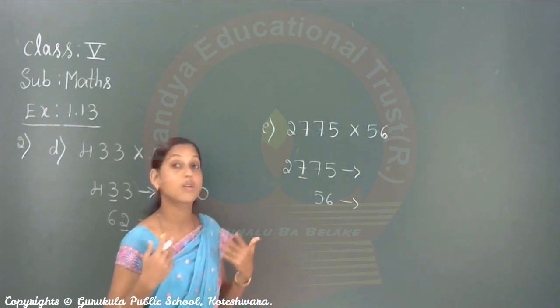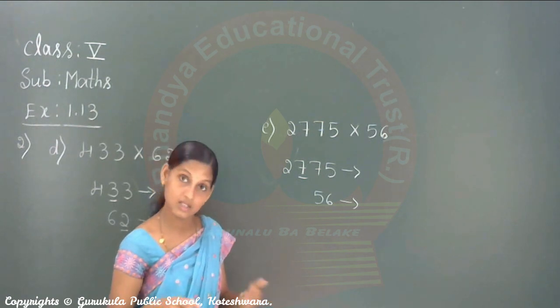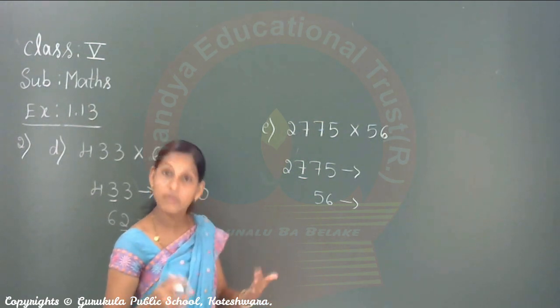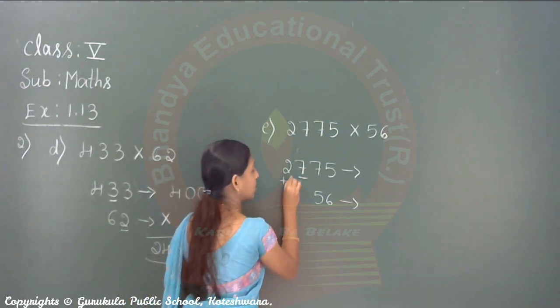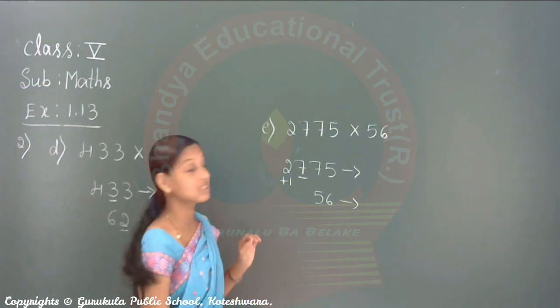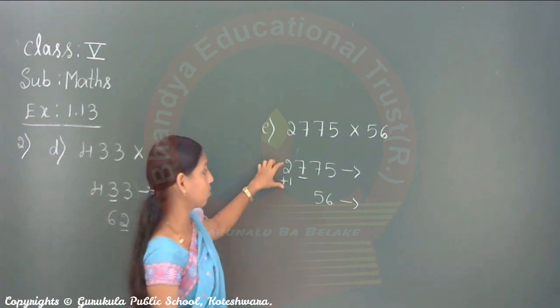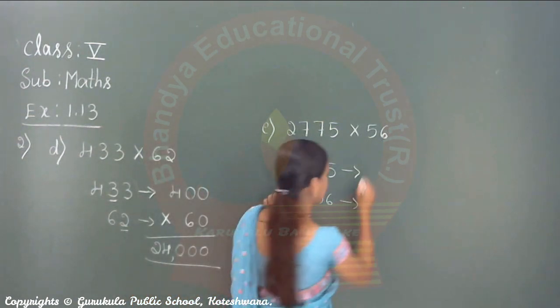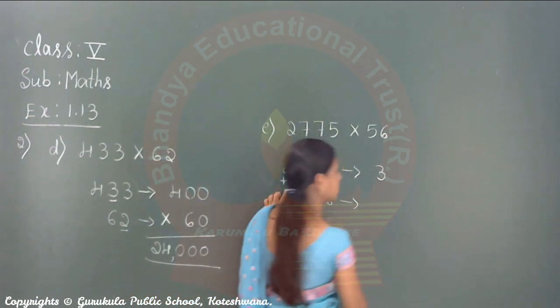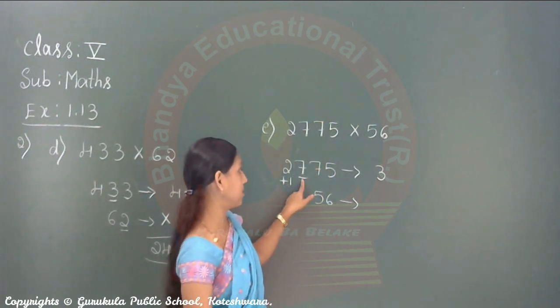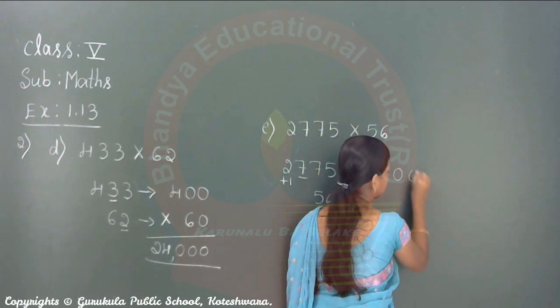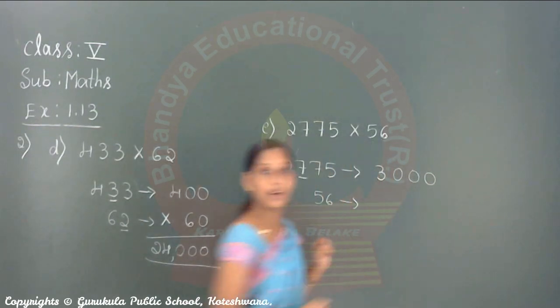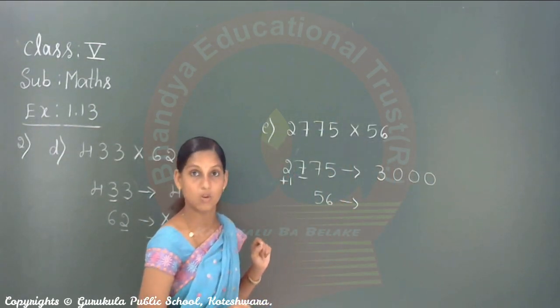It is more than 5. So add 1 to the thousands place: 2 plus 1 is 3, and make the other digits 0.